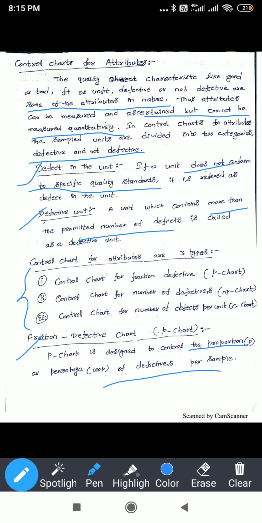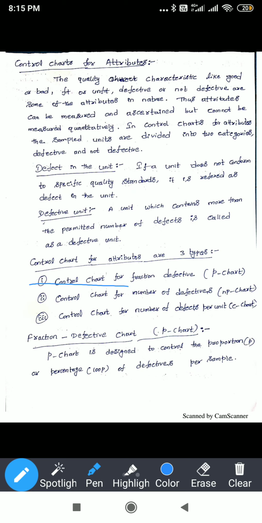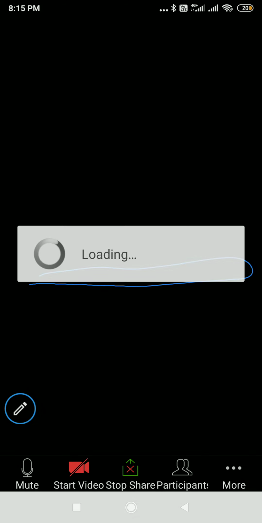So here we are using the word proportion in the P chart. Fraction means we are using the proportion. Of these three charts, first we are going to see the P chart.